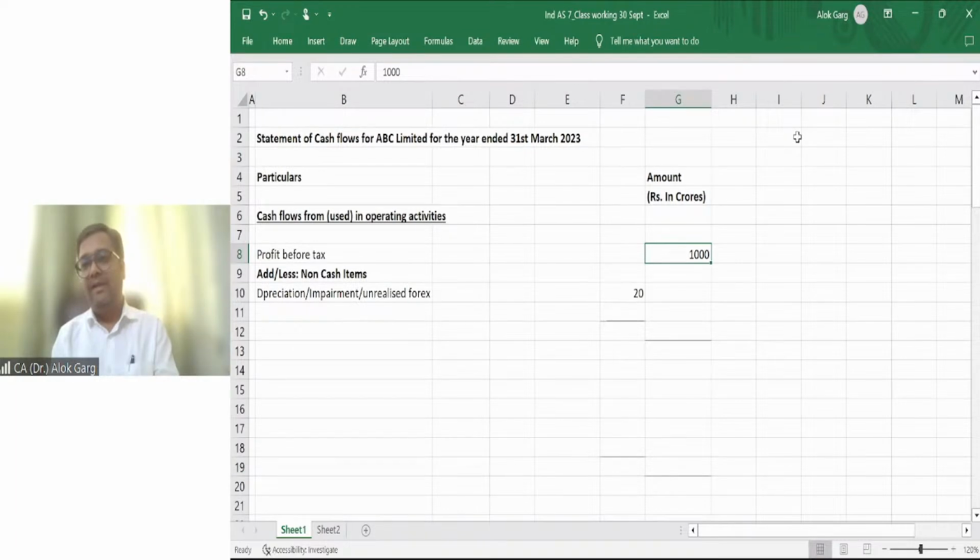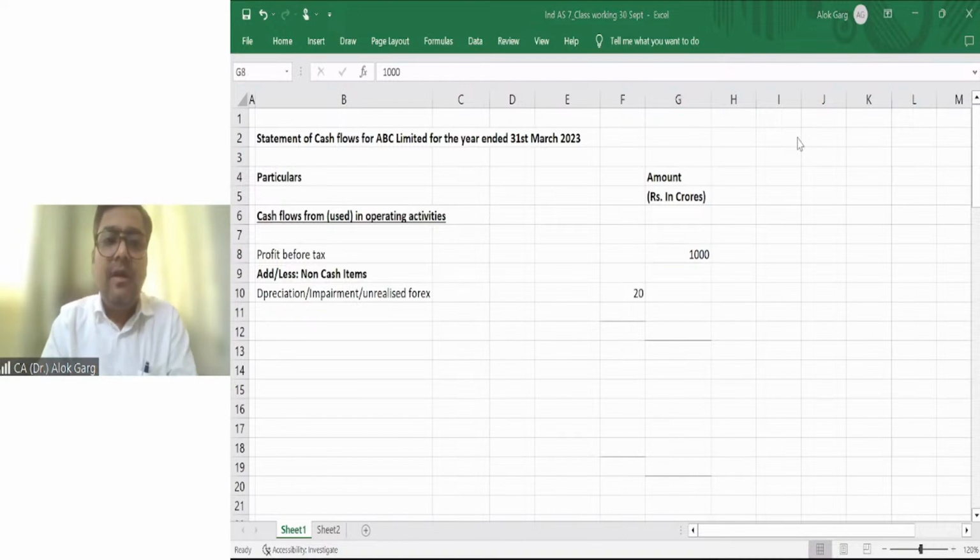Okay. So operating activity, investing activity, financing activity. I hope so far everyone is clear, because this example is a very, very important example, not only from the examination perspective, rather from real life perspective as well. Okay. So this is the heart of this entire cash flow statement, which I am discussing right now.